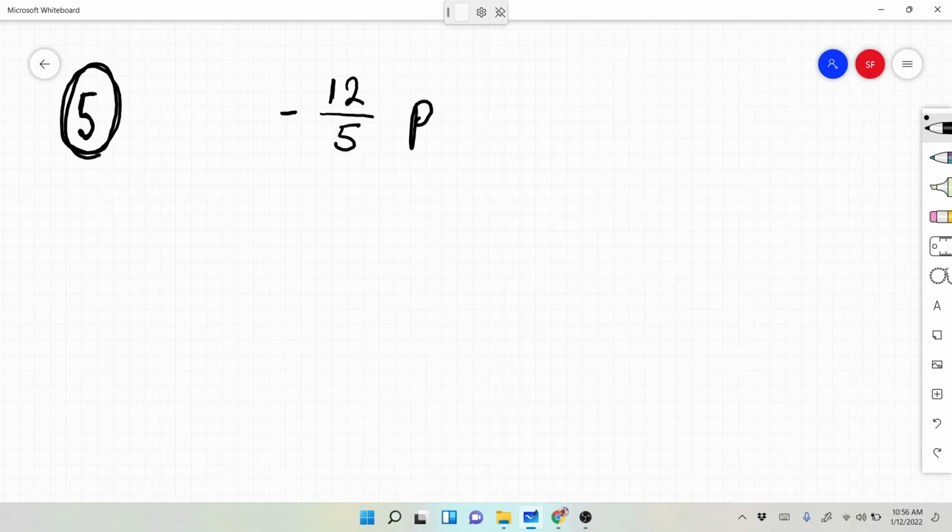P equals, let's do 96 over 120. We couldn't do 72. No, I literally couldn't have done 72 on that one. I could have done 72 on the top, but I didn't, because I want this to reduce.